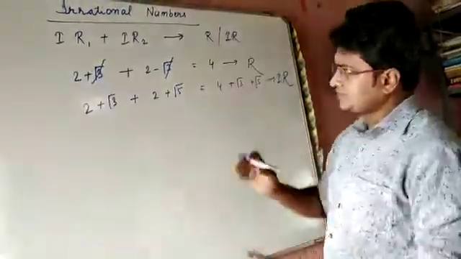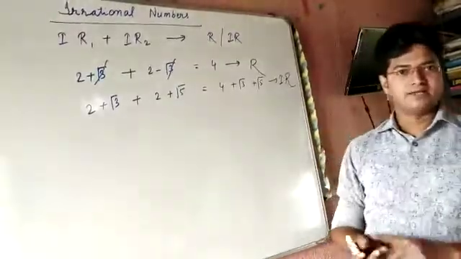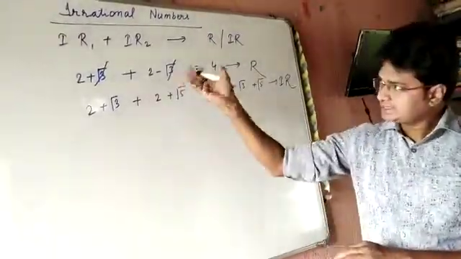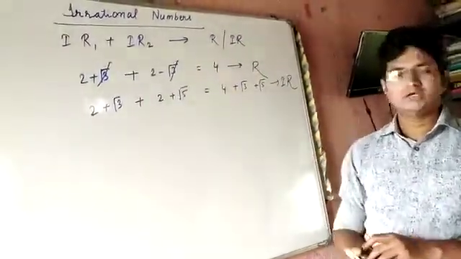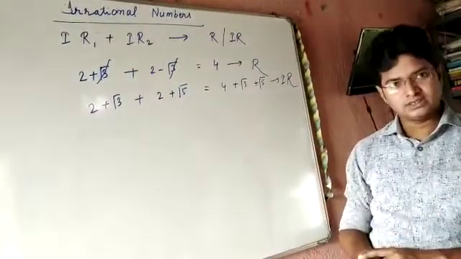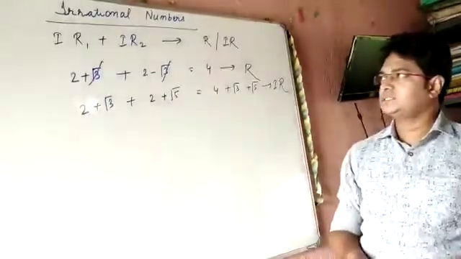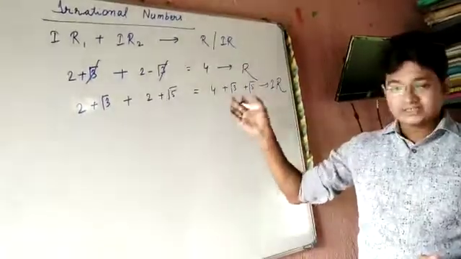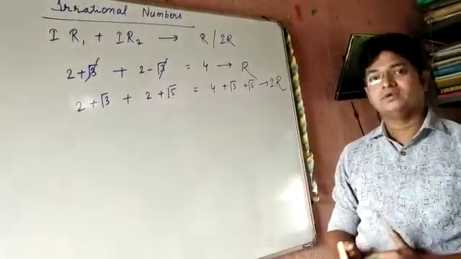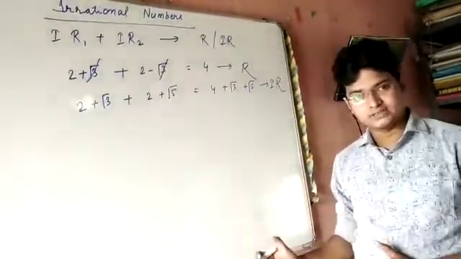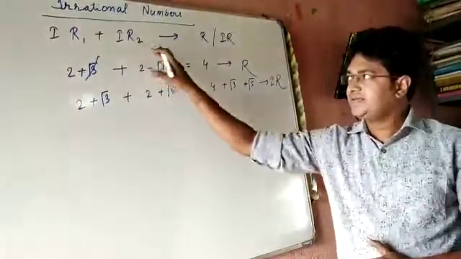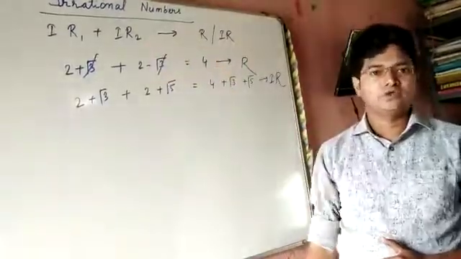So the sum of two irrational numbers can be rational or irrational. In the same way, the difference of two irrational numbers can be rational or irrational. Multiplication of two irrational numbers can be rational or irrational, and division of two irrational numbers can be rational or irrational. In the same way, you can take examples and proceed.